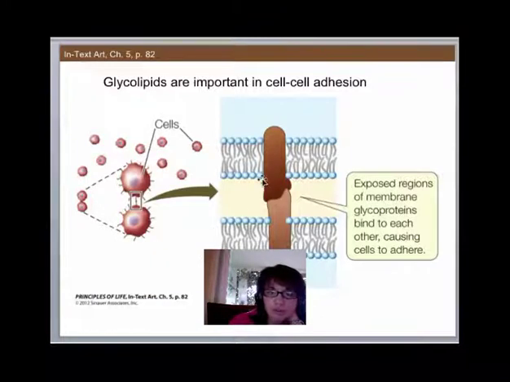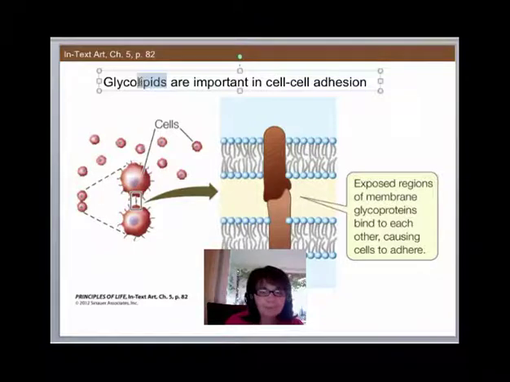Another role that some of the transmembrane proteins play is that they help 2 cells stick together. And usually these proteins are going to have lipids attached to them, and they're called, oh, I'm sorry. This is a glycolipid. No, ignore this word. This is a glycoprotein.